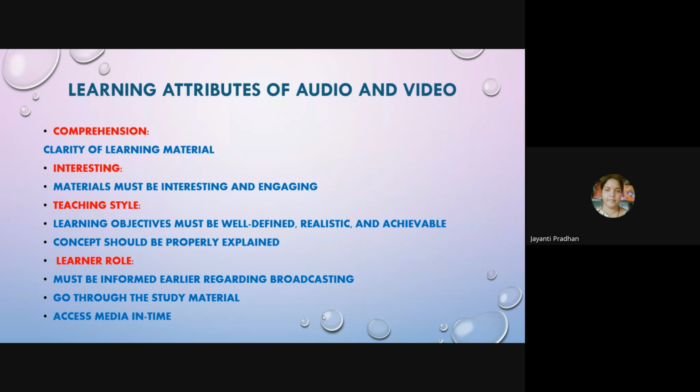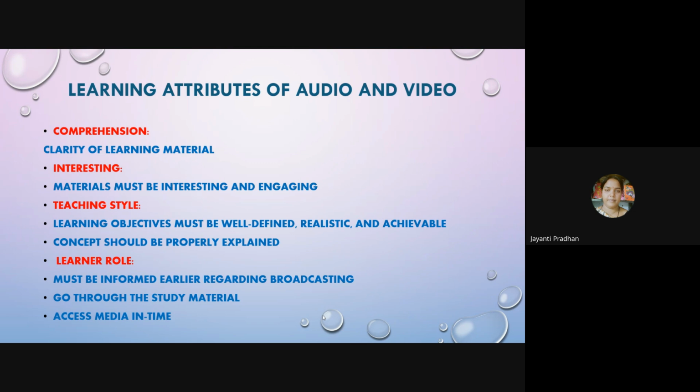Then what should be the learner's role in this? If we are designing any course using this audio and video content, and if we are broadcasting that program, then the learner should be informed earlier regarding the broadcast so that they can go through the study material.